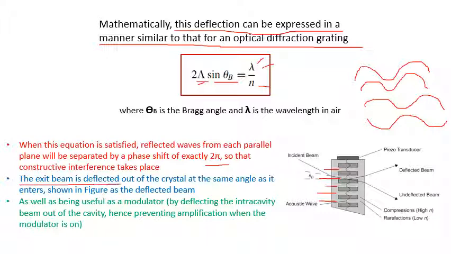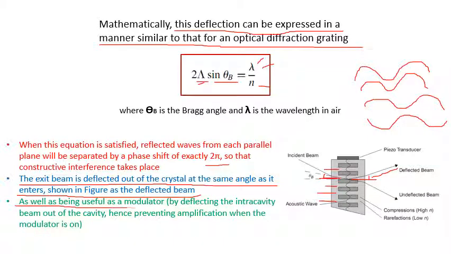The exit beam is deflected out of the crystal at the same angle as it enters here. This is deflected out of the crystal at the same angle as it enters, this angle here.